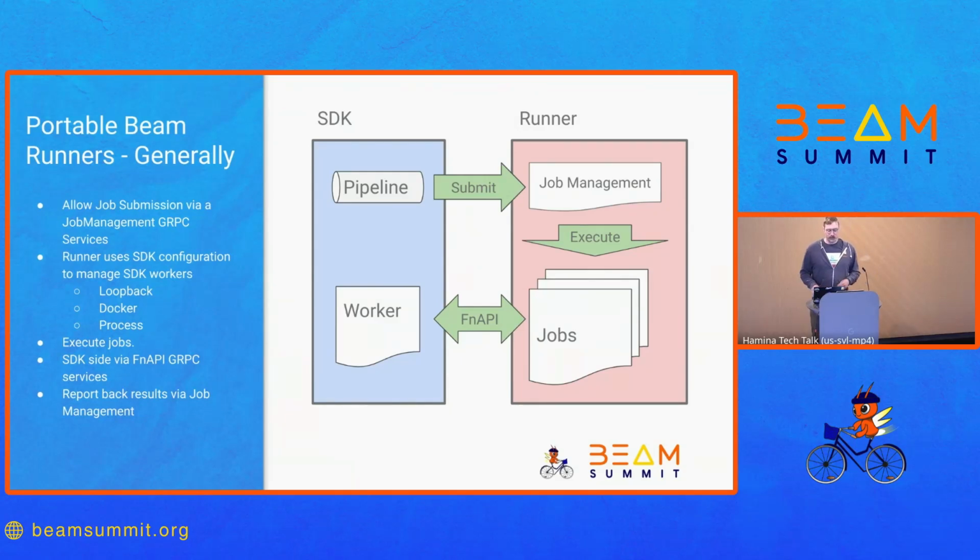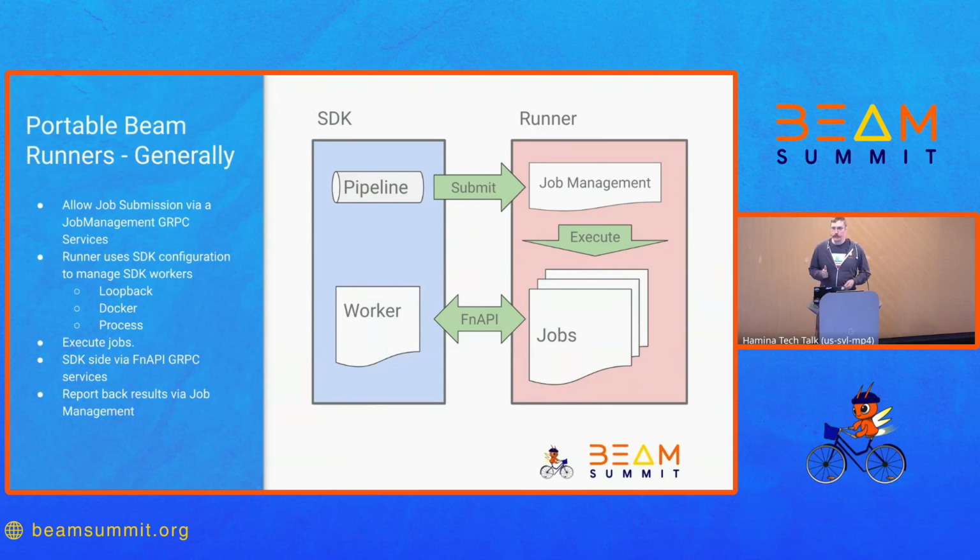Whether the workers are operating in loopback mode, calling back to the same process that launched the pipeline, in Docker containers, wherever they may live, or in literally sidecar processes.